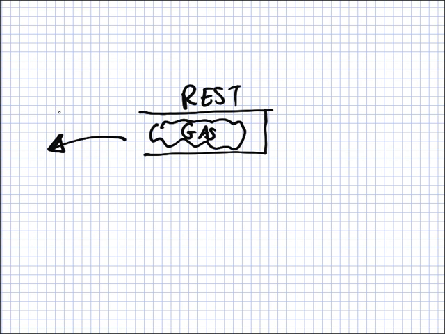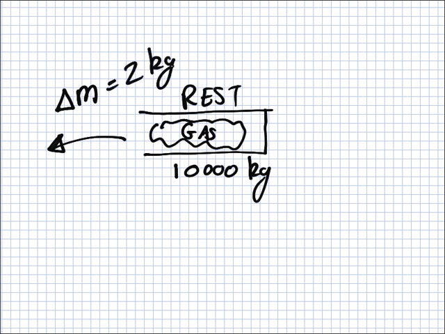How much? Let's say a small amount. Let's say delta M. So for example, if this was, let's just say 10,000 kilograms, then maybe the delta M is 2 kilograms per second. So we'll say 2 kilograms per second.